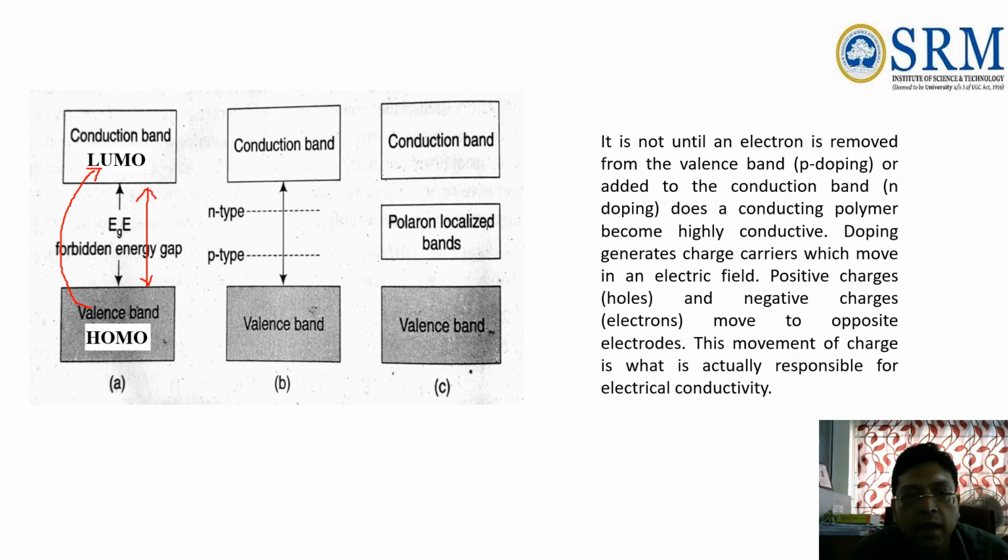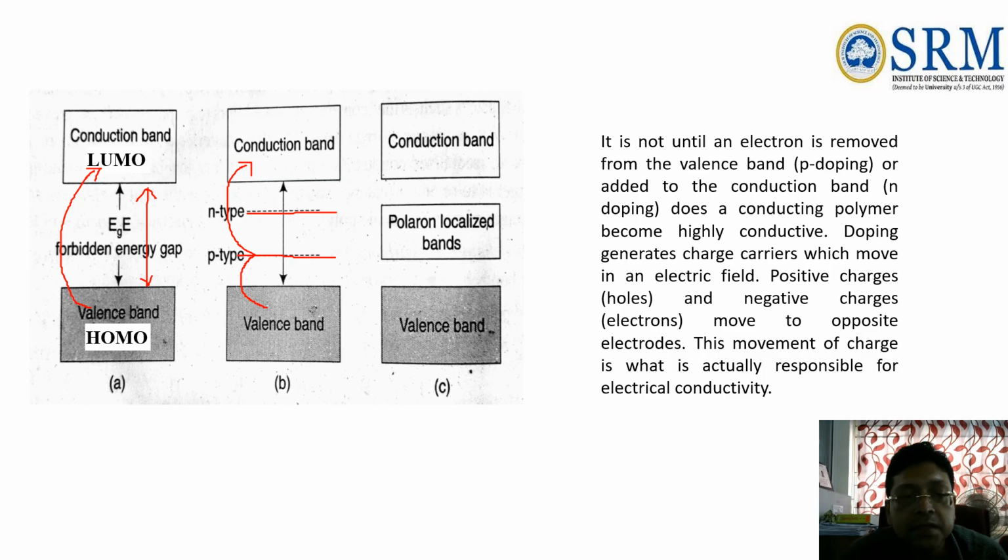While in the doped material, if we add some foreign agents, we can incorporate some energy levels in between the valence band and conduction band, then the electron can be easily promoted to these intermediate levels, and ultimately it can go to the conduction band, and therefore it leads to electrical conduction and the current flows.